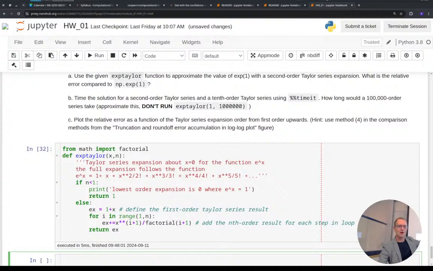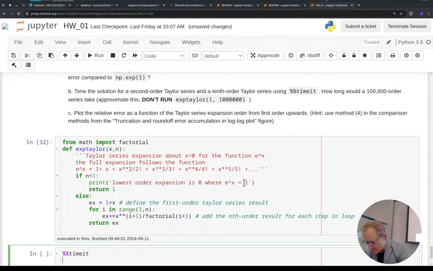If you try to time it, it's just going to clock out, because whenever you're taking 1 to the 100,000 divided by 100,000 factorial, it doesn't bother giving you a result. It takes too long. So instead, we'll time it. And I don't need to time actually making this function. I just want to time how long it takes to run the function.